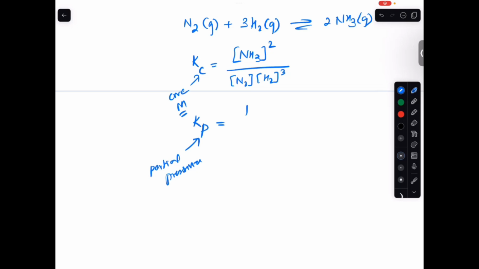So Kp would be given as the partial pressure of NH3 raised to the power of 2 over the partial pressure of N2 times the partial pressure of H2 raised to the power of 3.